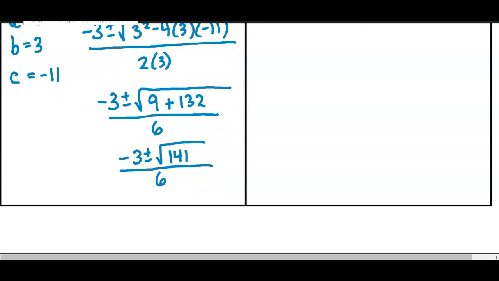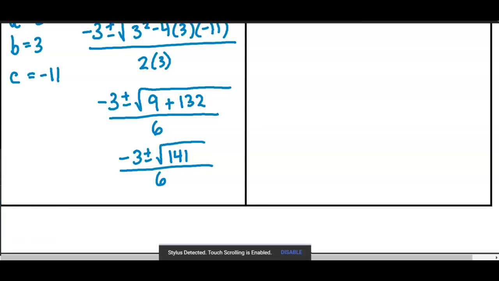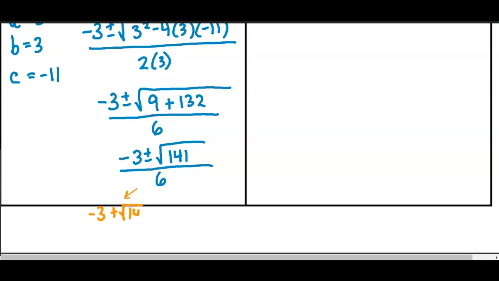So now we're going to look at factors of 141, and it's really only 3 and 47, which can't be simplified. So we actually can leave our answer like this. So we can do negative 3 plus the square root of 141 all over 6.